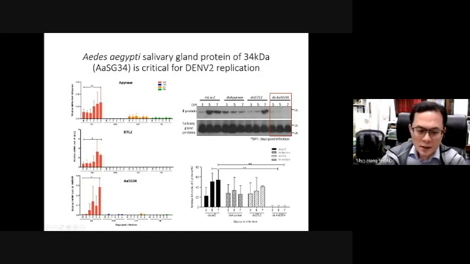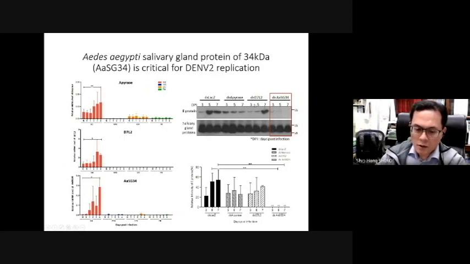By silencing each gene through the RNAi approach, silencing the gene before dengue virus infection, we found that dengue virus E protein production in the mosquito salivary gland was affected.